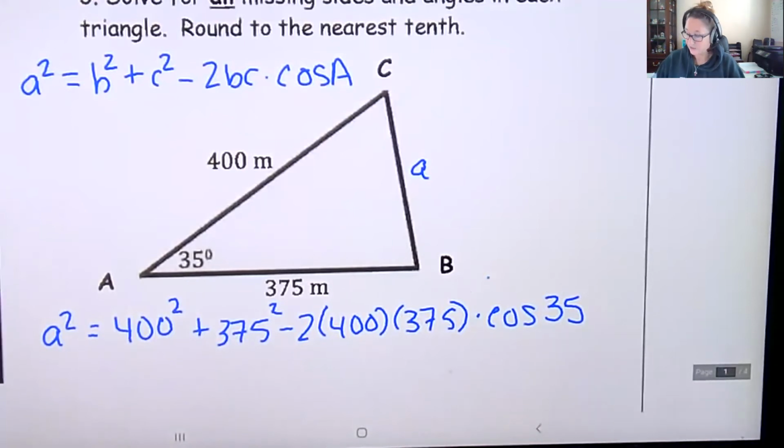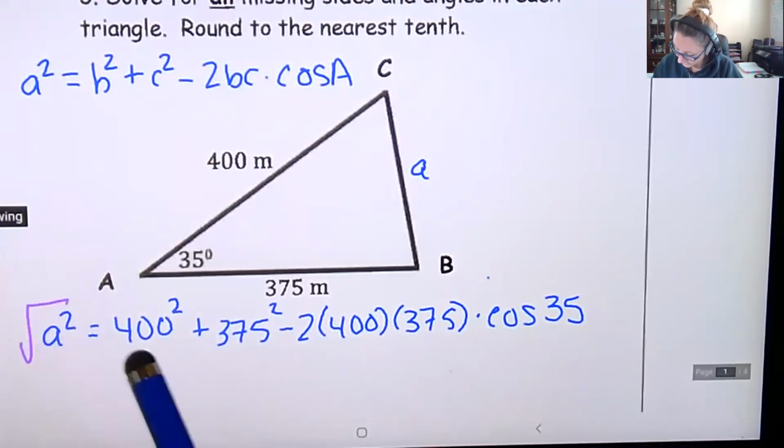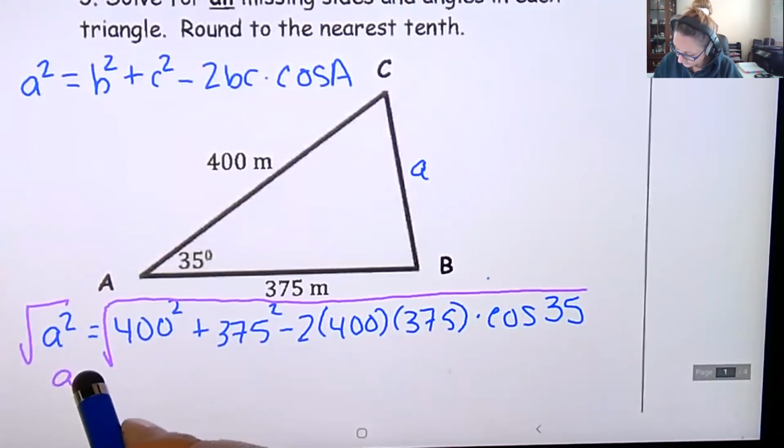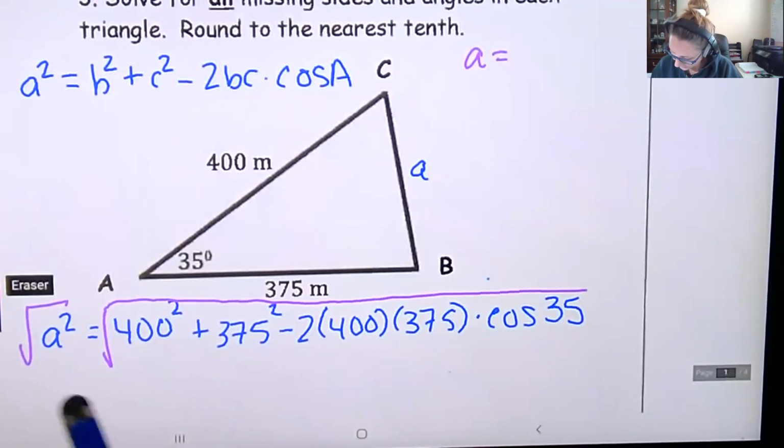And I'm going to put that into my calculator. And what I'm actually going to do to save a step is I am going to square root the whole thing, and I'm going to write it up here so I've got space, a equals.